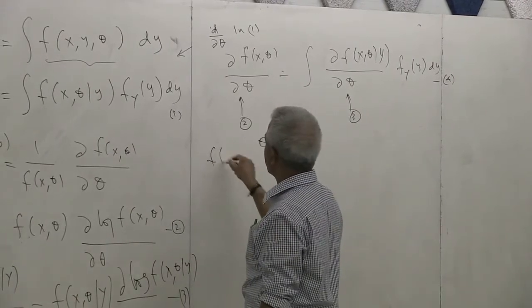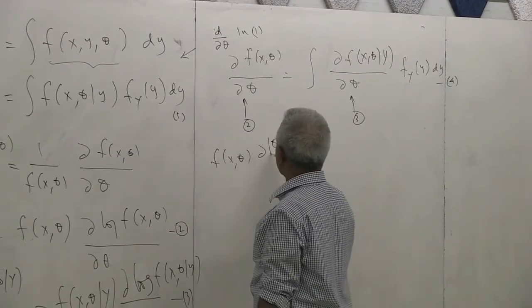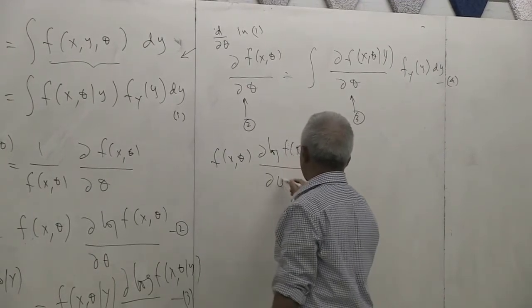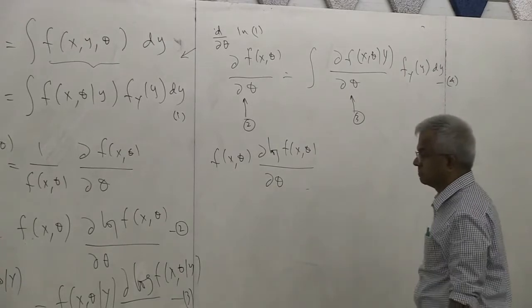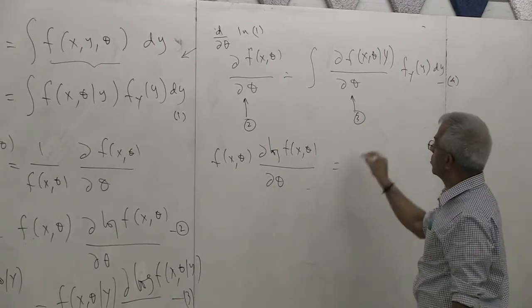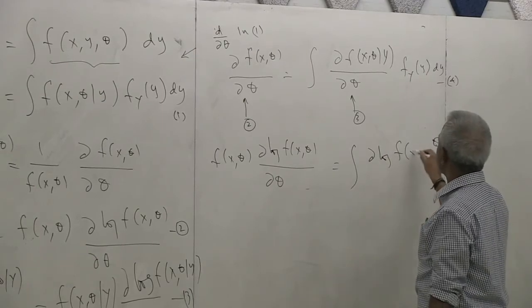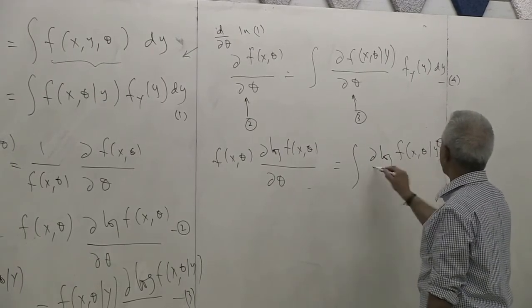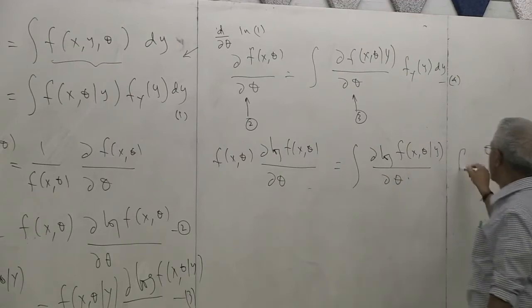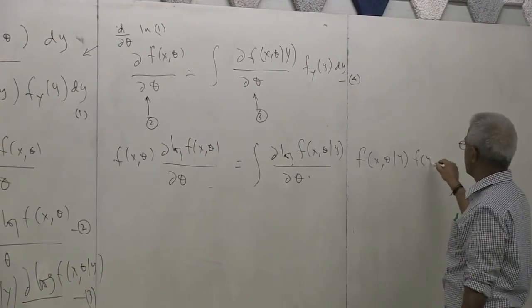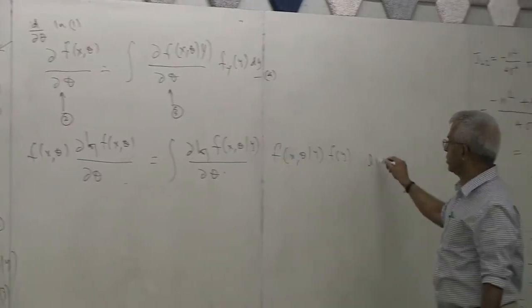So I get f of x comma theta d log f of x comma theta d theta equals the integral of d log f of x comma theta given y d theta, multiplied by f of x comma theta given y, f y dy.